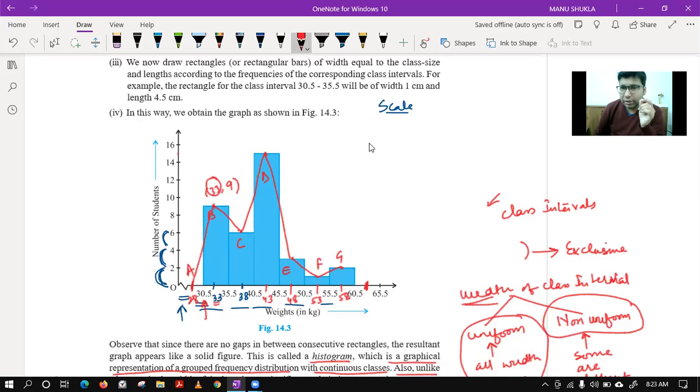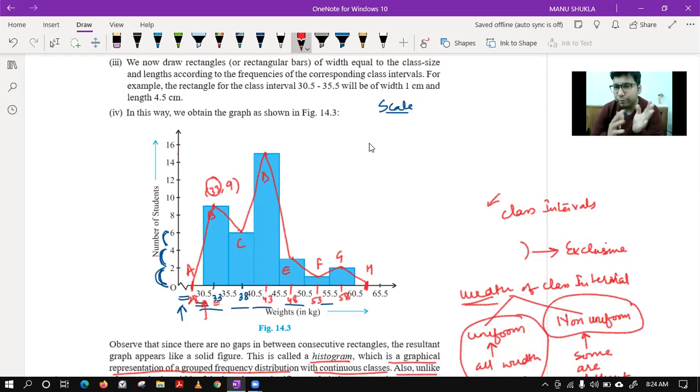This is your point A, and this is your point H. And A, B, C, D, E, F, G, H is your polygon. Yes, yes, Garima. So A, B, C, D, E, F, G, H is your frequency polygon. But this you made after making a histogram. So there are two kind of questions. First kind of question is, first draw a histogram and then find a frequency polygon.